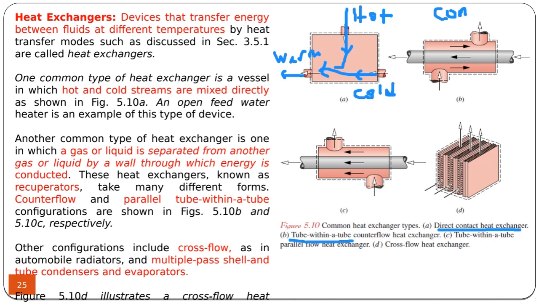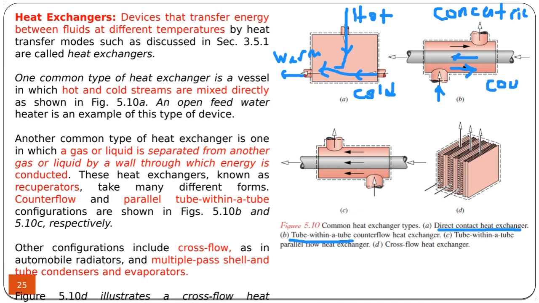because we have two concentric tubes, one inside the other one, and one of the fluids may flow in this direction, while the other fluid may flow in the opposite direction. This one is called the counterflow heat exchanger.